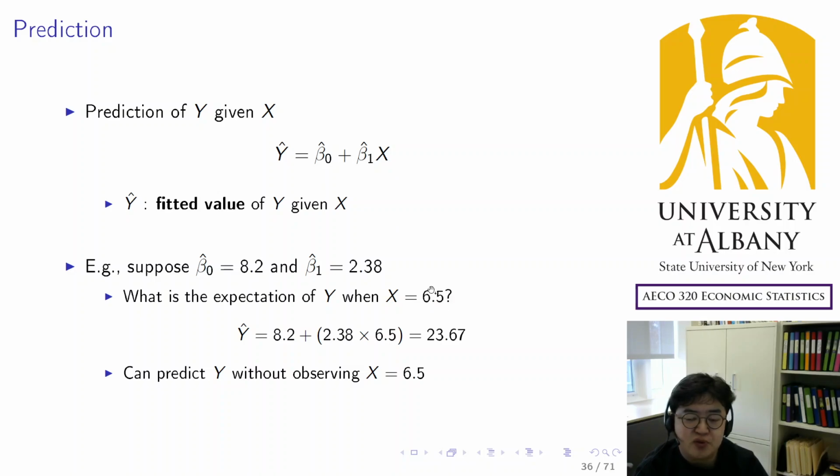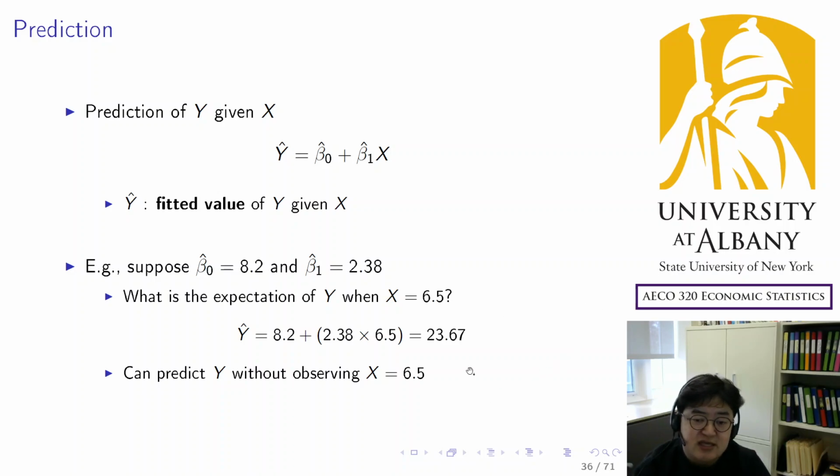If you produce 6.5 units, each unit incurs $2.38 cost, and as a fixed cost, you have to add $8.2. As a result, $23.67 is the total cost.